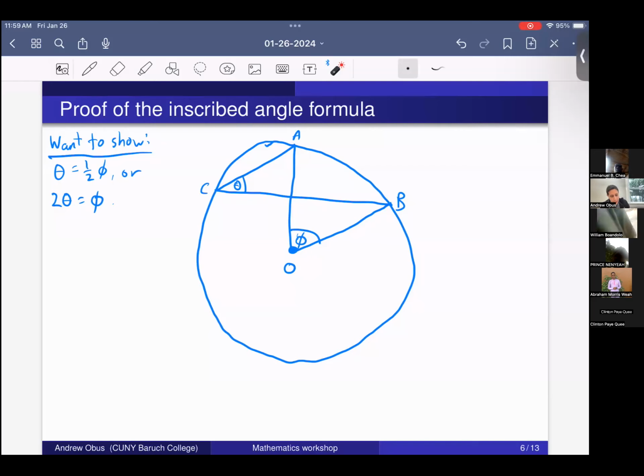Okay. And what happens here is that with a lot of geometry proofs, you kind of just need an idea to draw the correct line or lines. And once you draw the lines and label everything correctly, then the proof can actually be very short. So what I'm going to do is draw 2 extra lines here.